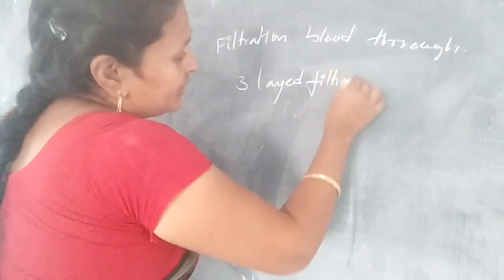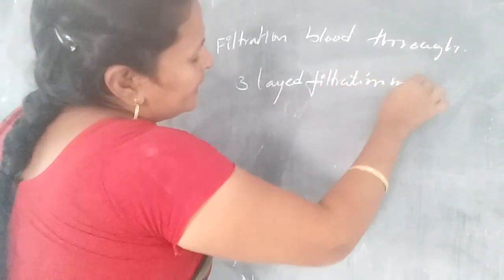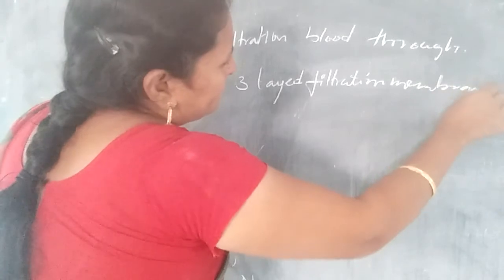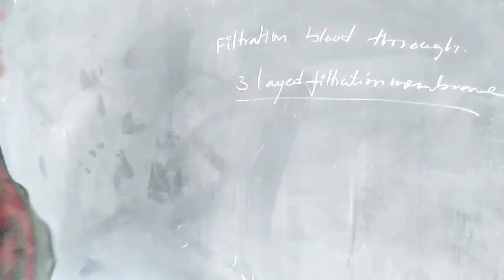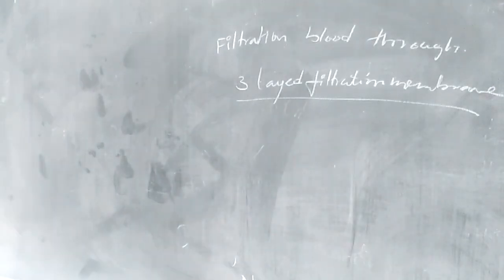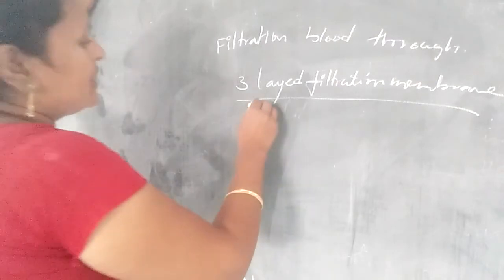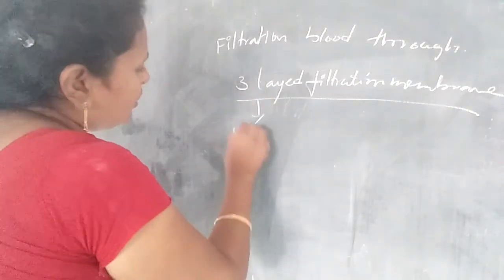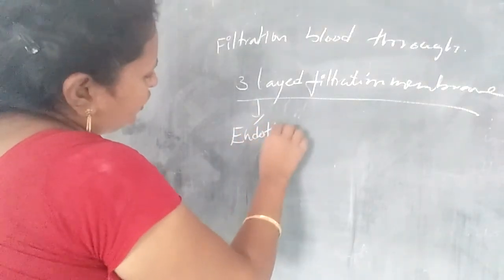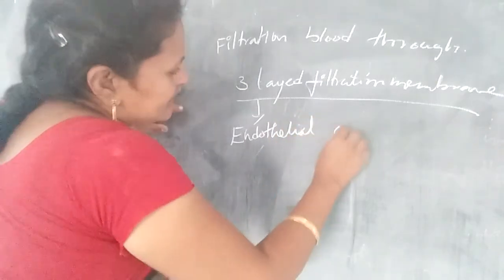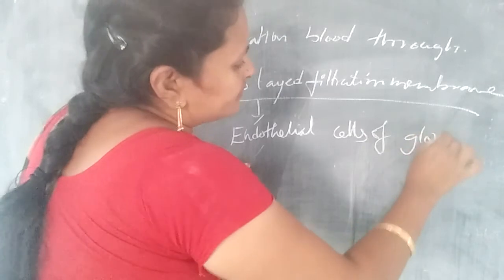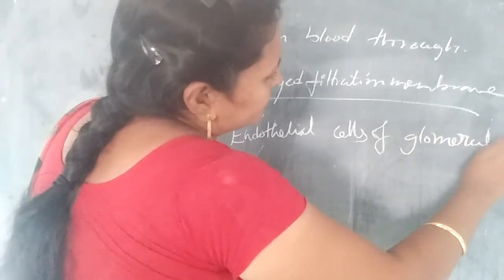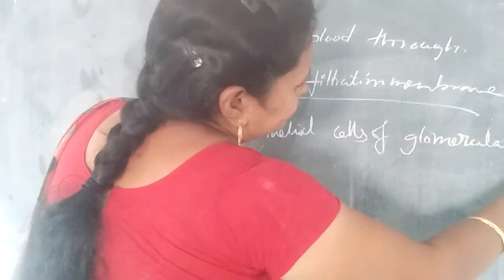The first layer is formed by endothelial cells of the glomerular capillary.